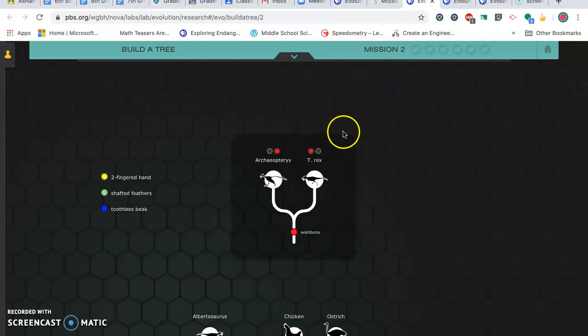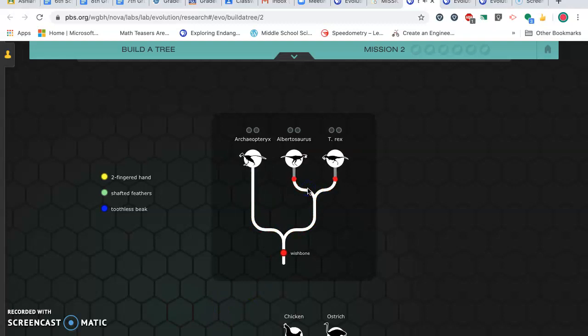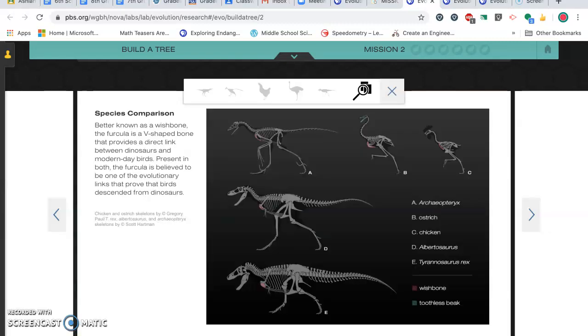So when I close this, I'm going to bring my Albertosaurus up here by my T-Rex, and I'm going to move this feature of two fingers just below the two of them. And that looks good.